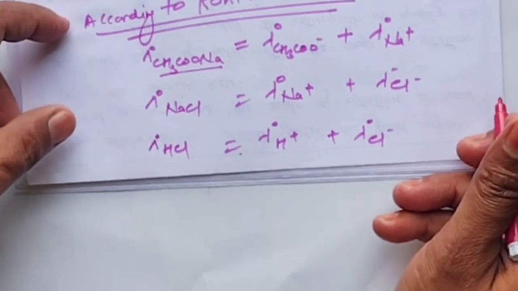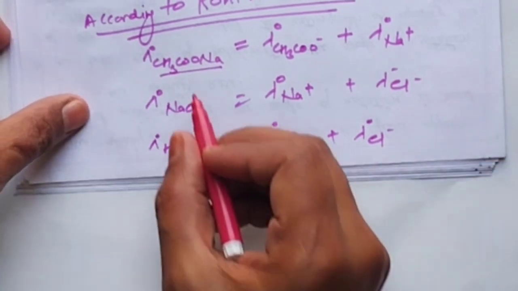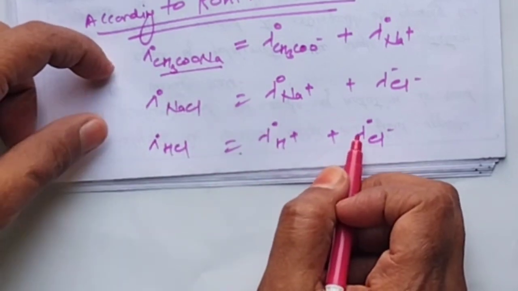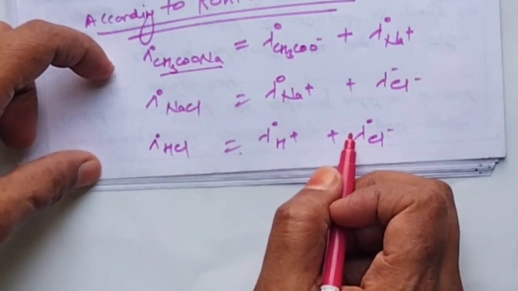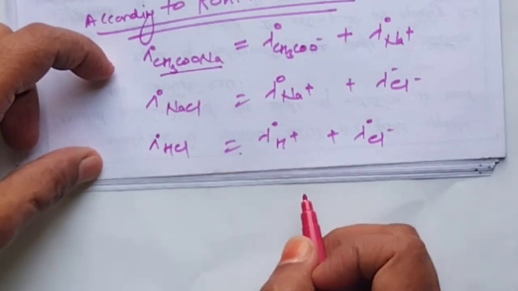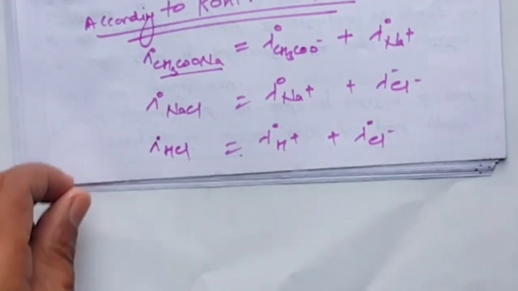Now, if the equivalent conductance of CH3COONa and HCl are added and that of NaCl is subtracted from the sum, the equivalent conductance of acetic acid is obtained.